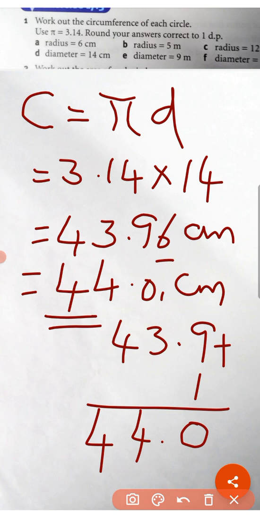Check the second decimal place which is more than 5. So add 1 to the first decimal place, that is 9. 9 plus 1 is 10, write 0, carry over 1, then 3 plus 1 is 4. So 44.0 which is equal to 44 centimeter.